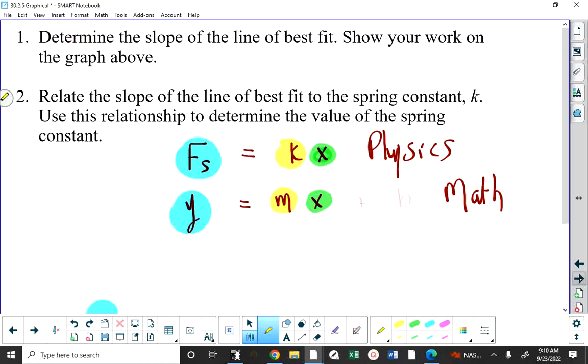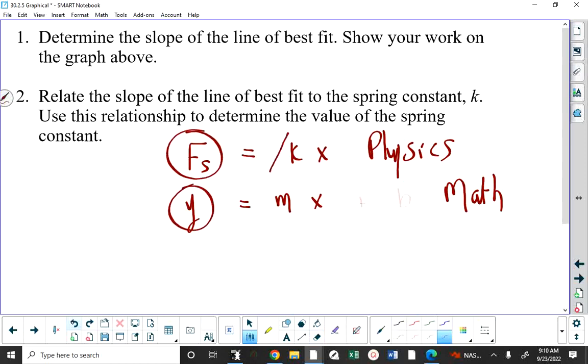Now, I can see you're struggling here with how would you write that down if you don't have colors? Well, you could do this. So if you have a written response problem that you're working on, or you're doing a quiz or something where I'm asking you to show your work, I guess that would be a good way to communicate that you're comparing y to the force, x to x, and your slope then becomes the spring constant.